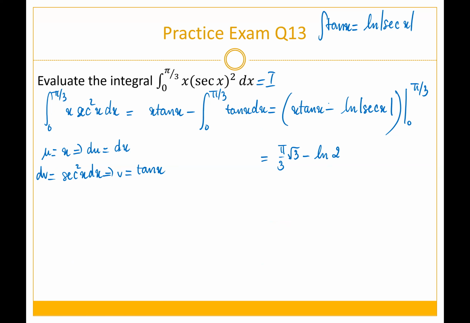When you plug in 0 in the first term, it's 0. Then minus, and minus is a plus, ln of secant of 0, which is 1. So it's ln of 1, which is again 0. So the answer is pi square root of 3 over 3 minus ln of 2.